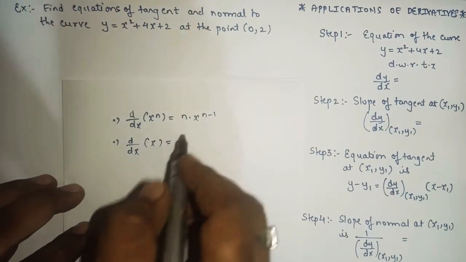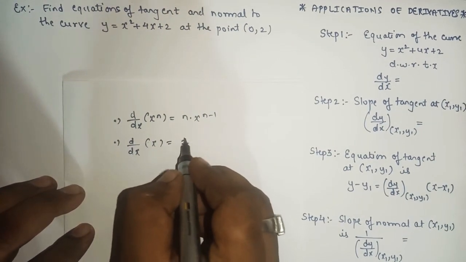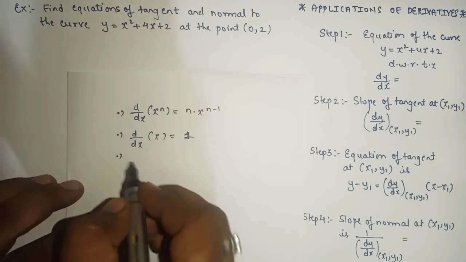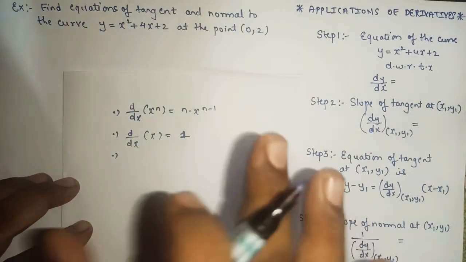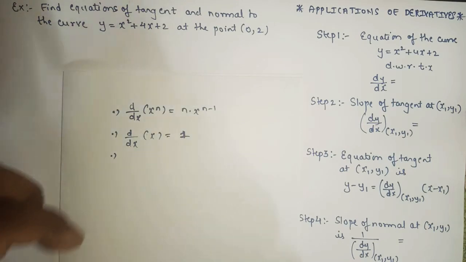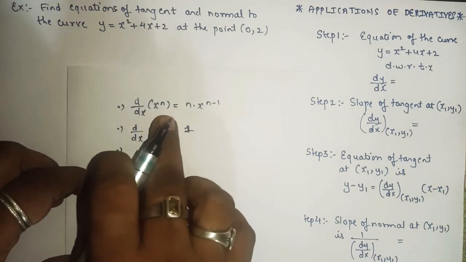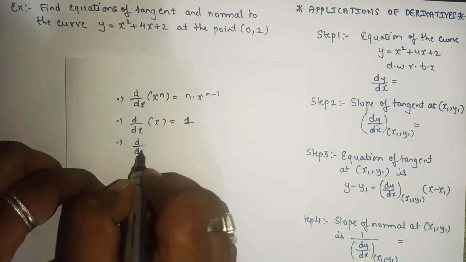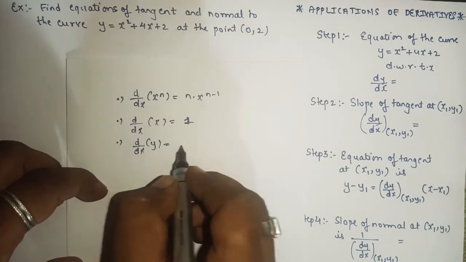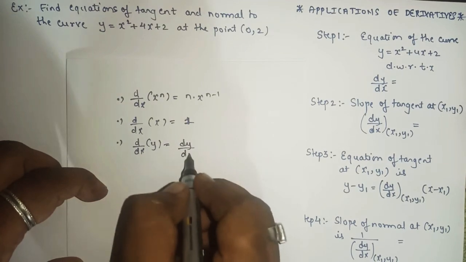So here the derivative of x is 1, yes or no? You must know the basic concept, not all the formulas, not all the rules. Just the basic formula, like the derivative of x raised to n is what, the derivative of x is what. If I say derivative of y, we write it as dy by dx, yes or no?